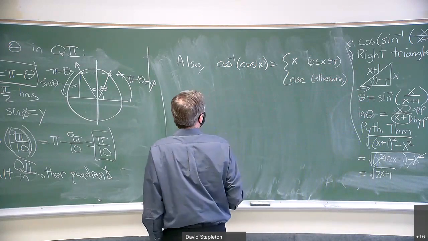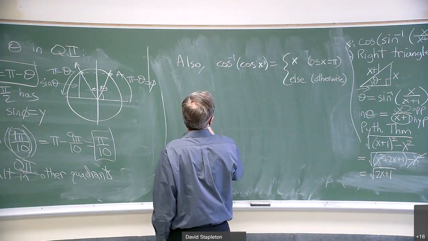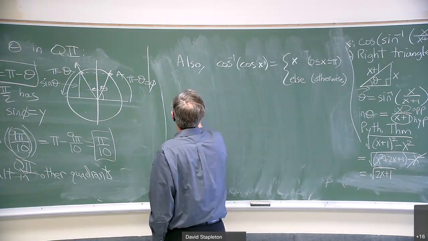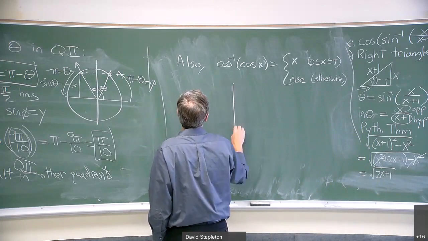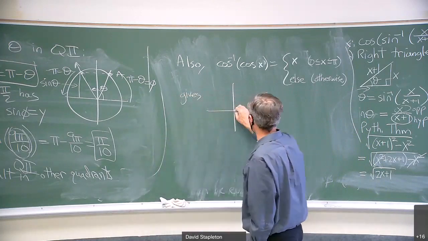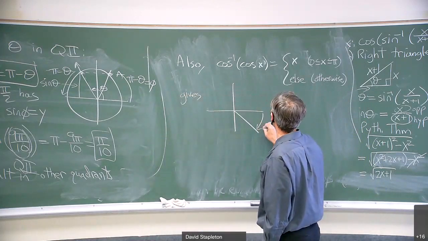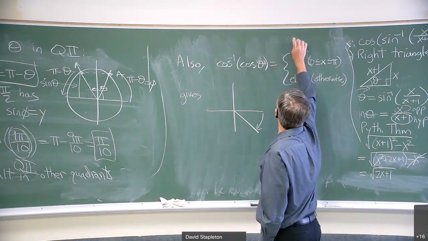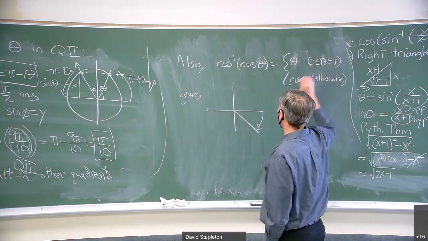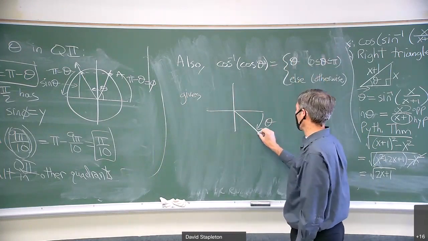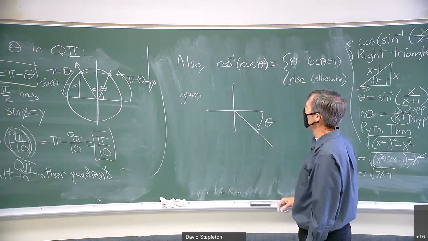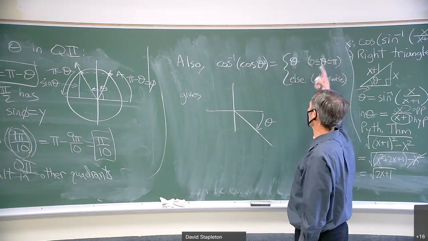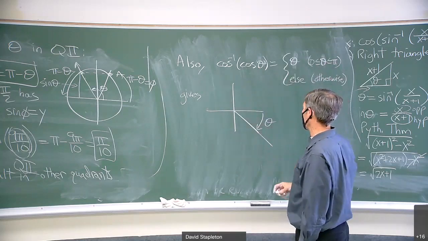Turns out that you can do a similar result. By the unit circle, suppose, for instance, I'm in a different quadrant, I'm in quadrant 4, and here's my theta down in quadrant 4, and I want to know what is the arc cosine of the cosine of theta if I'm not in quadrants 1 or 2, but down in here.